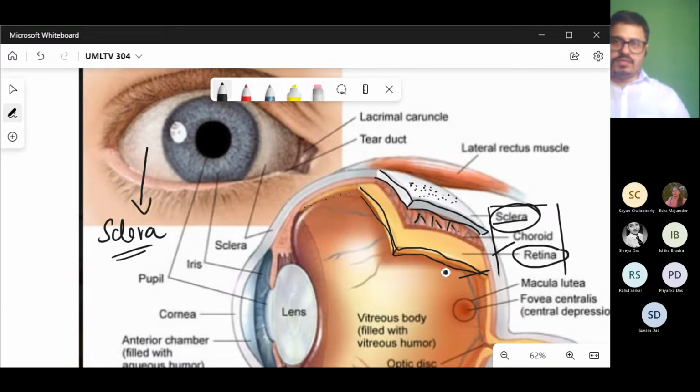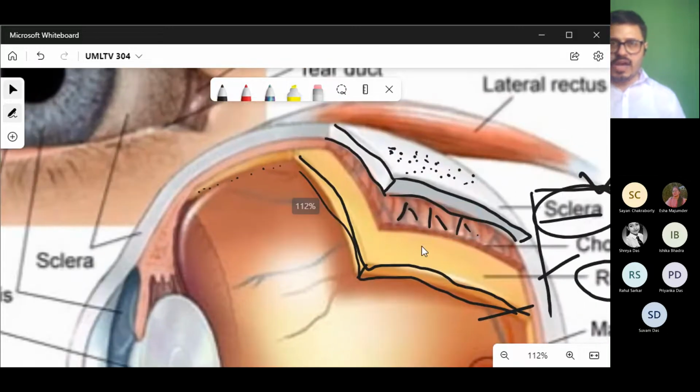Now, just like a sandwich, you know, in the sandwich there are 2 loaves of bread and in between there is a stuff. So similarly, just like that sandwich, the outer layer is formed by the sclera, and the innermost layer is formed by the retina. There again is a middle layer. See, this is the middle layer over which I have drawn with black color lines that represent different blood vessels.